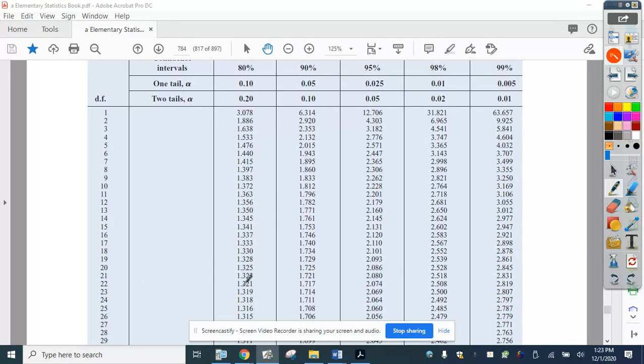Okay, so 21, 95%. So my number is 2.080. Okay, so I'm going to go to 21, go straight across, and here's my number right there.